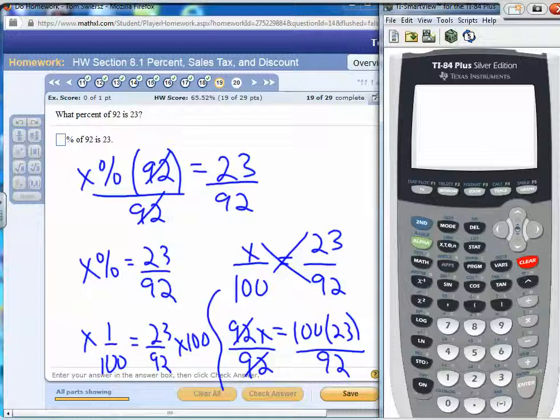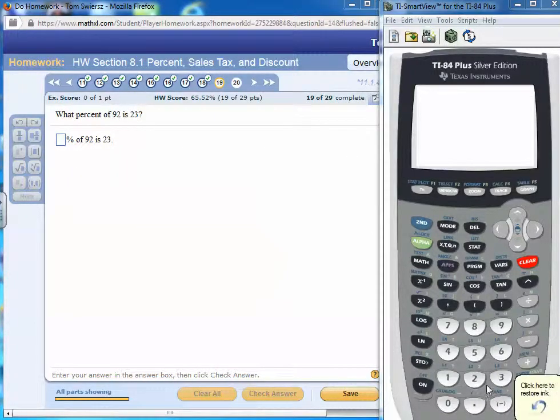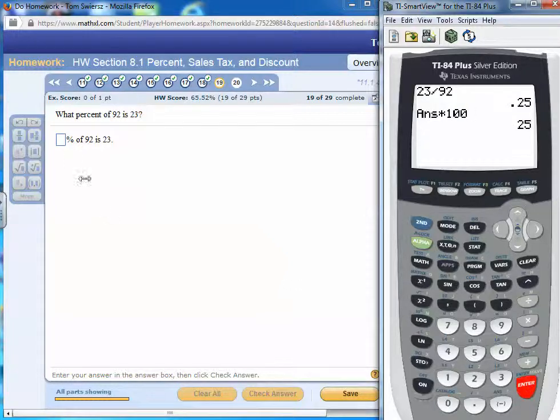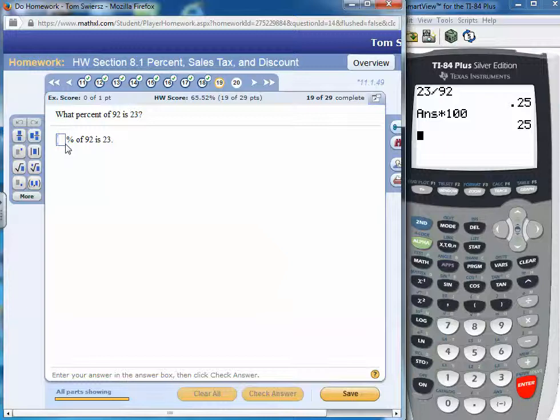To get it as a percent, move the decimal over 2 places to the right. So we take the 23, divide by 92. That's the decimal, so multiply by 100 to turn it into a percent. That gives us 25%.